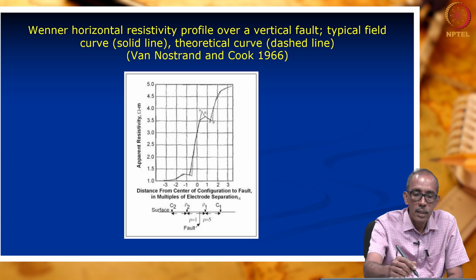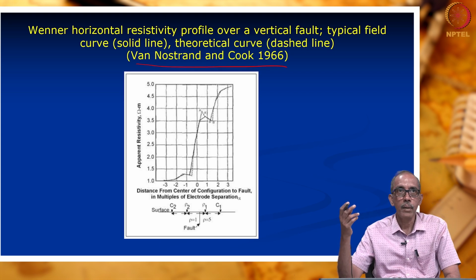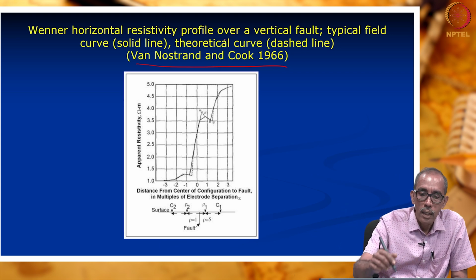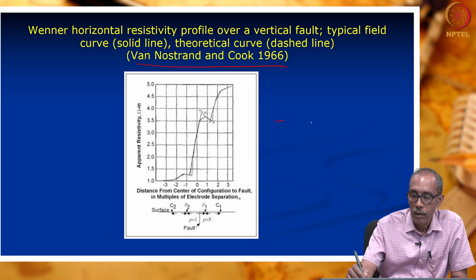Different authors, for example these two authors, did an interesting work a long time ago to understand how the horizontal variation in electrical resistivity can bring out the presence of a fault. What is a fault? This is the ground surface.